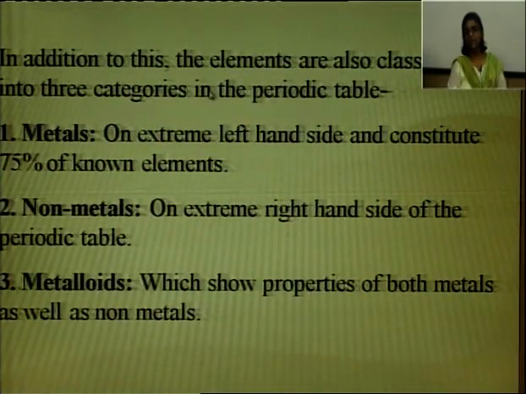In addition to these, elements can be classified into metals, non-metals and metalloids.